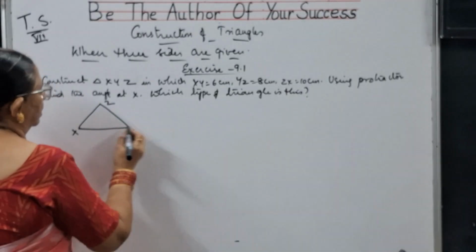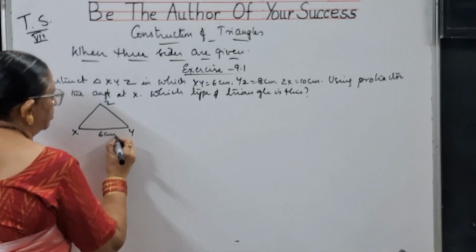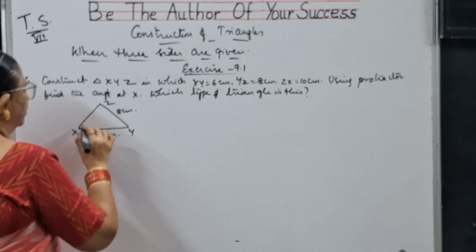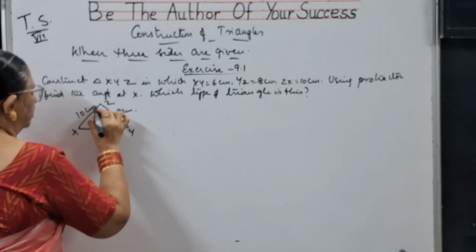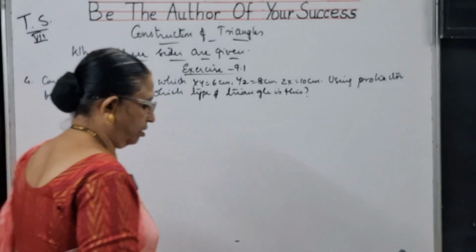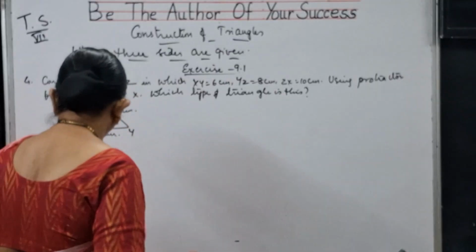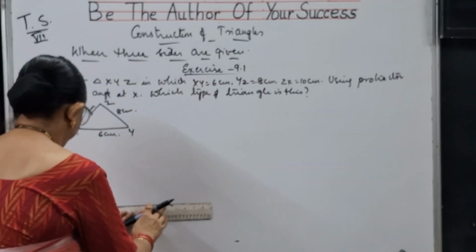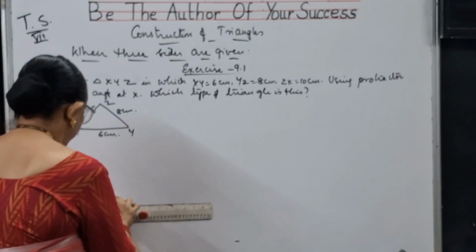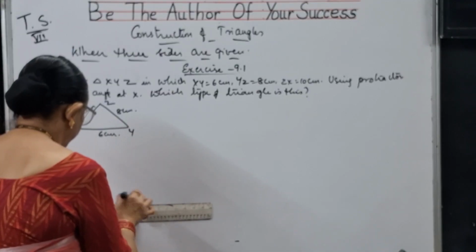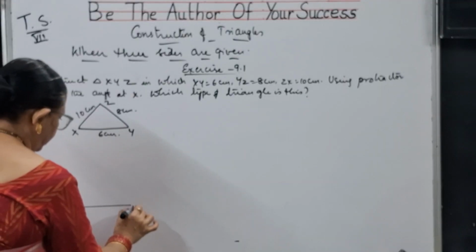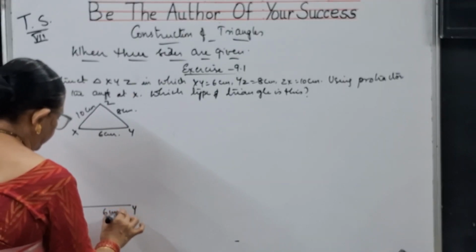So, in this XY, they have given 6 centimeters. YZ, they have given 8 centimeters. ZX, 10 centimeters. So, let us do the construction. So, first 6 centimeters XY. So, this is XY 6 centimeters.